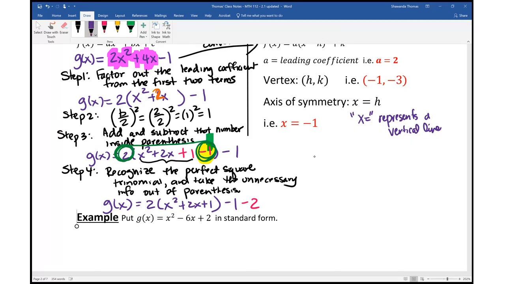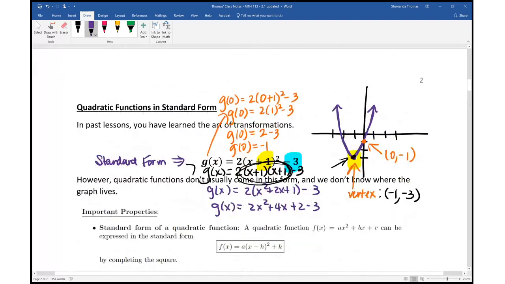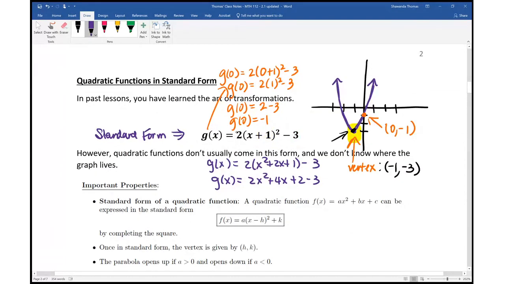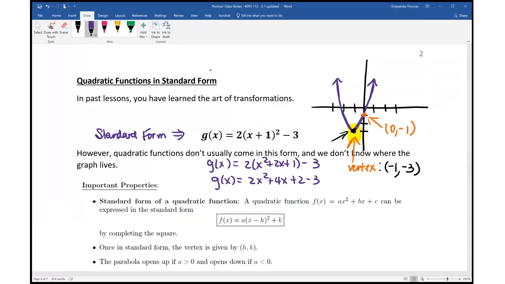Now, step 5, let's factor and simplify. So when I mean by factor, that g of x equals 2 times x plus 1 squared minus 3. Now, is that what we had up here? Yes, indeed. So thank God we made it.